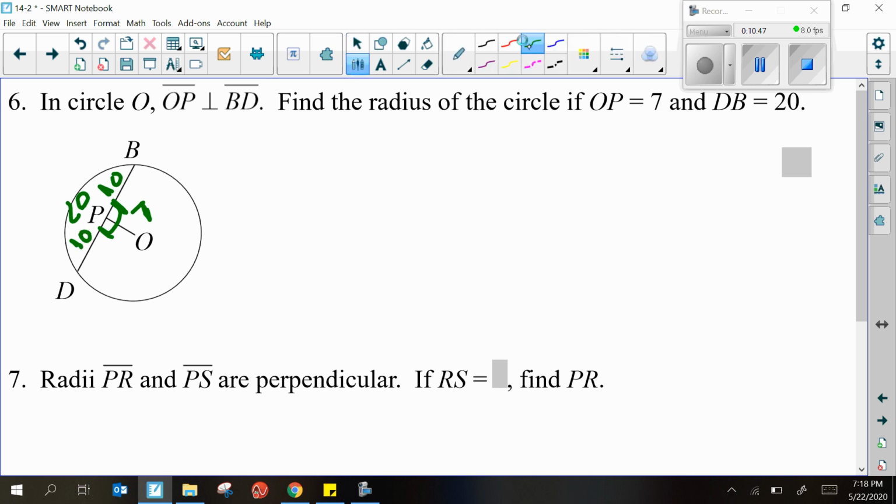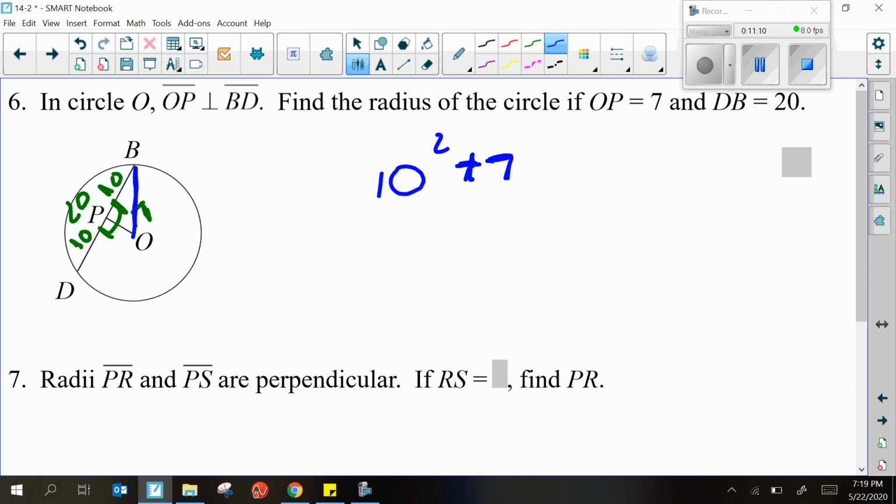So that means if I draw in this radius from O to B, I can use the Pythagorean theorem to figure out the radius. So 10 squared plus 7 squared. My 7 is on that leg.